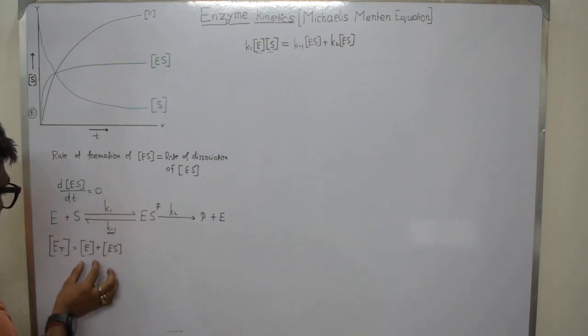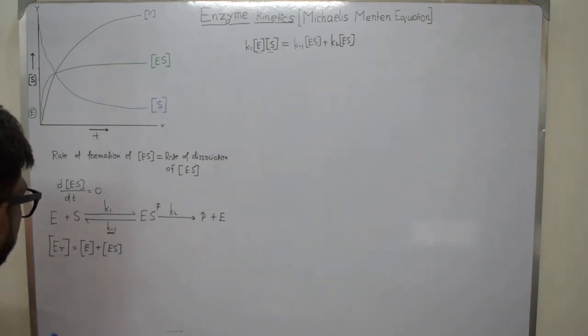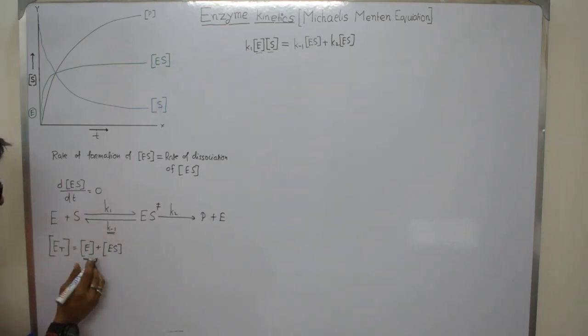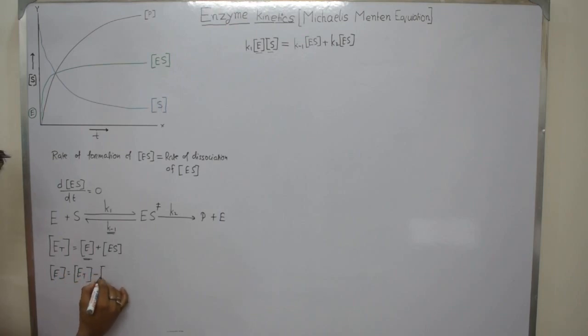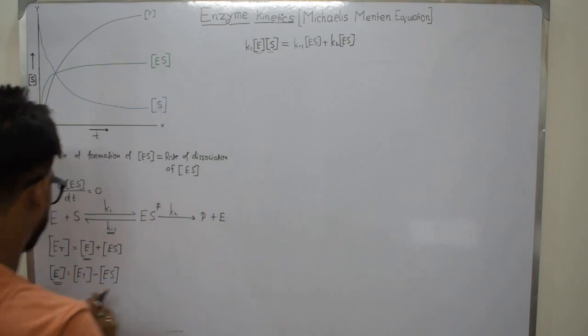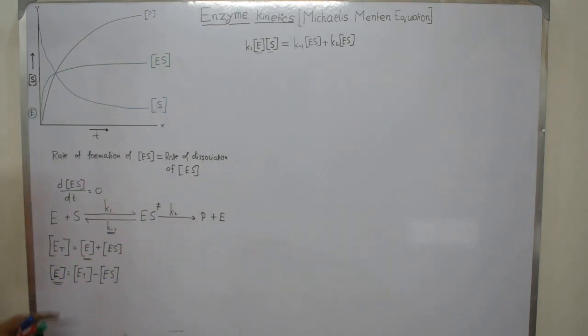And if we look at the particular E, so E is equal to total enzyme minus the concentration of the enzyme substrate complex. So in the place of E here we can write this particular equation, right?